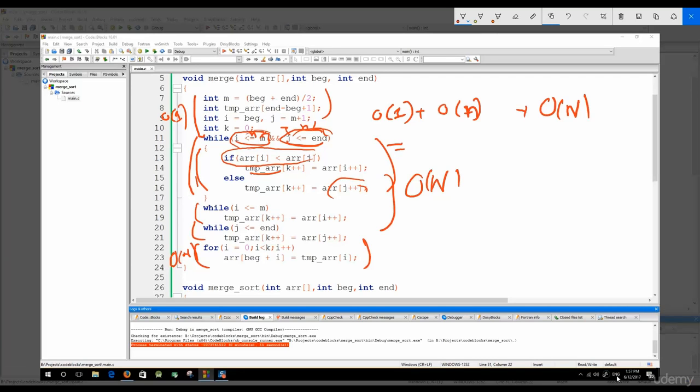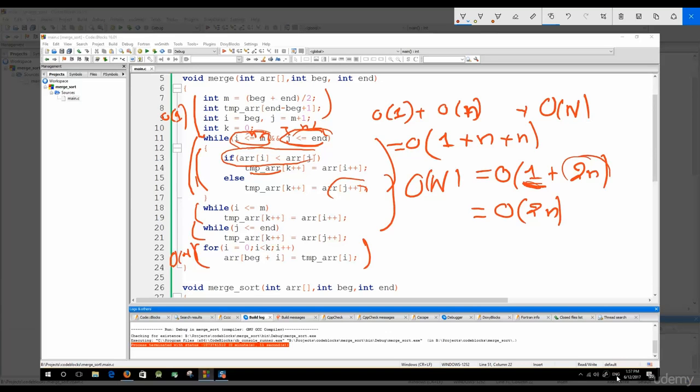So this equals the complexity of 1 plus n plus n, which equals the complexity of 1 plus 2n. So here we take the linear complexity, because this one is so small that we cannot consider it. So that equals the complexity of order 2n.